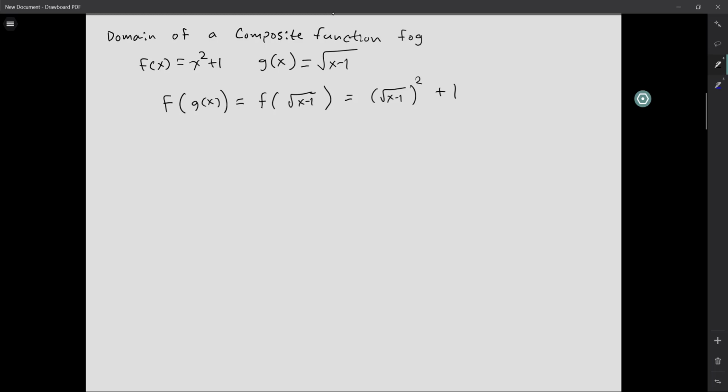Now, if I were to do this and square it, I would get just x minus 1, because the square and the square root should cancel, and then plus 1 giving me x. So it would be reasonable for me to say that the domain here is all real numbers, because x is a polynomial, and there's never anything wrong with polynomials.